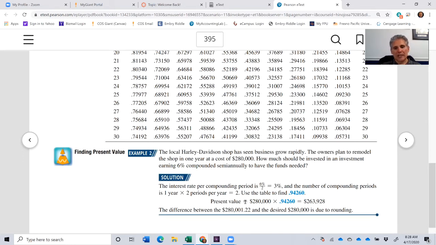The present value is equal to the future value, 280,000, multiplied by 0.94260, which we got from the table. The amount she needs to deposit today is $263,298. With that deposit today earning 6% compounded semi-annually, she will have $280,000 at the end of 1 year.